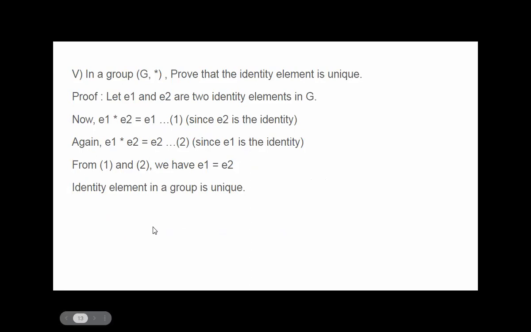Then the next example is, in a group G star, prove that identity element is unique. Now what we have to prove is, in each group that exists, the identity element is unique. How the proof will be given, we can see here. We will take the converse of this theorem.